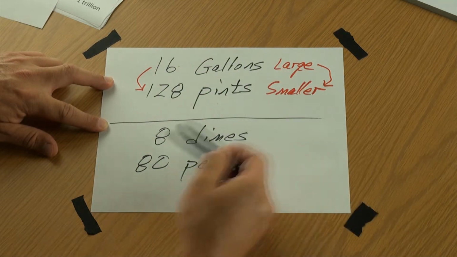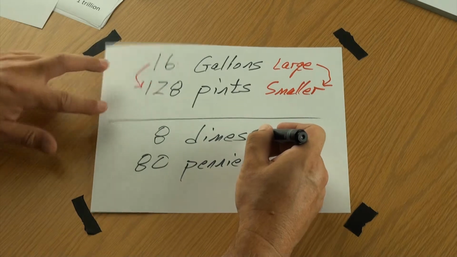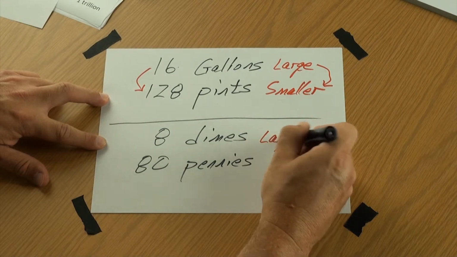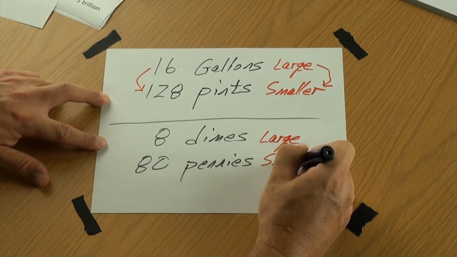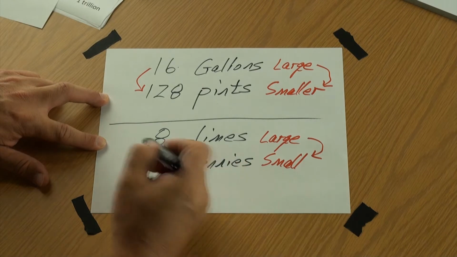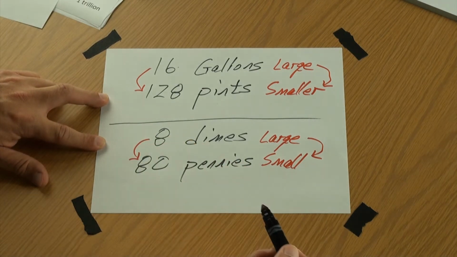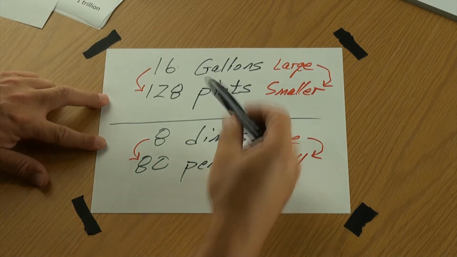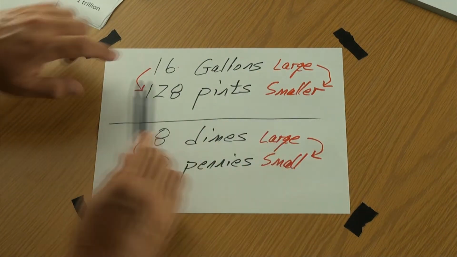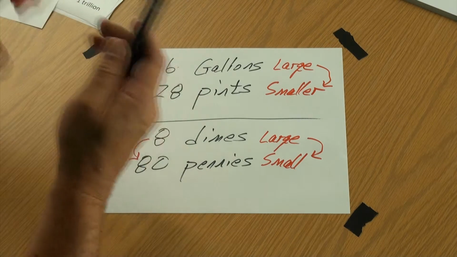And it's the same way with the money. If I go from dimes to pennies, I'm going from a larger unit of currency down to a smaller unit of currency. And when I go from a larger unit to a smaller unit, the number of them that I need is going to be bigger. Now, it's a little bit weird because as we're thinking about this, there's a difference of magnitude.